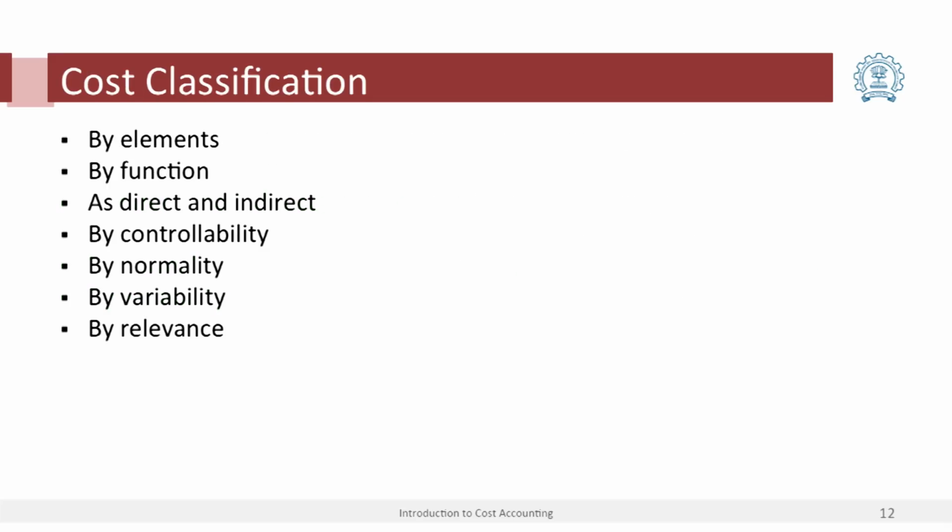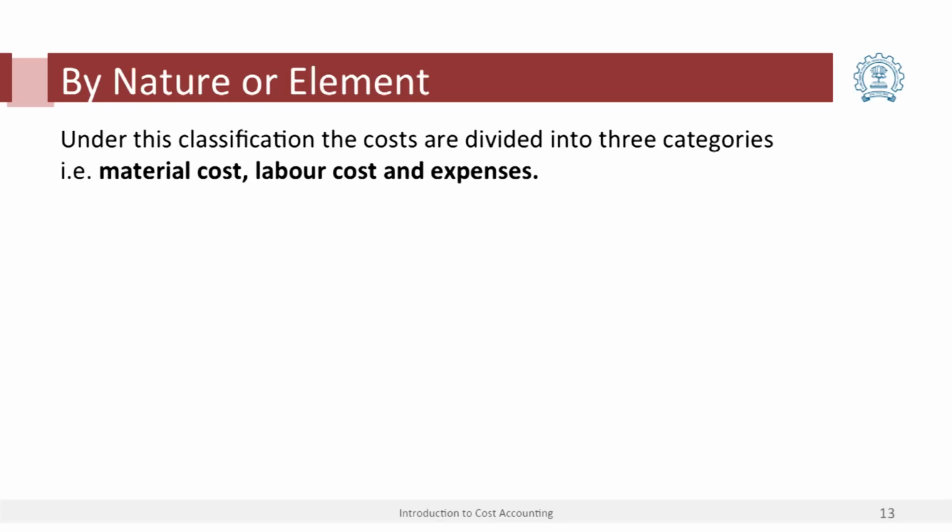Now, let us understand the classification of costs. Costs can be classified in various ways. It can be classified as per elements, as per function, as per direct, indirect, and so on. Now, this is the oldest way of classifying, as per the elements. So, all costs are divided into material costs, something which we buy in a tangible format, labor cost, what we pay to various types of employees, starting from a helper to the managing director, is all in the labor cost.